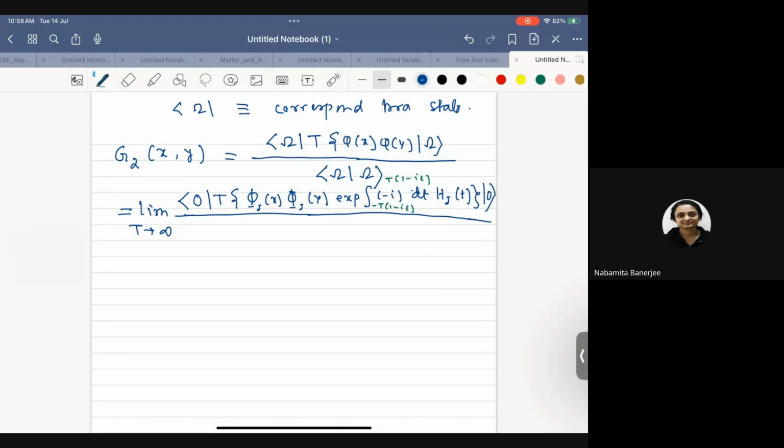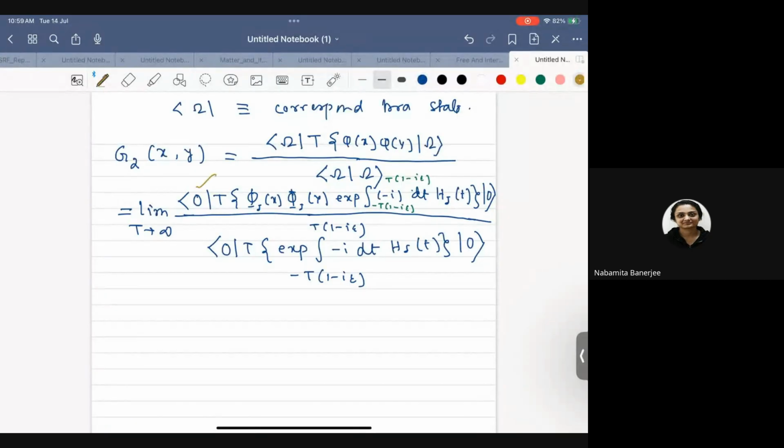And in the denominator you have exactly the same expression without these phis. So it's exponential of minus i integral dt H_I(t) sandwiched between free vacuum, from minus T(1 minus i epsilon) to T(1 minus i epsilon). Okay, that's it. You see, I have absolutely achieved my goal.